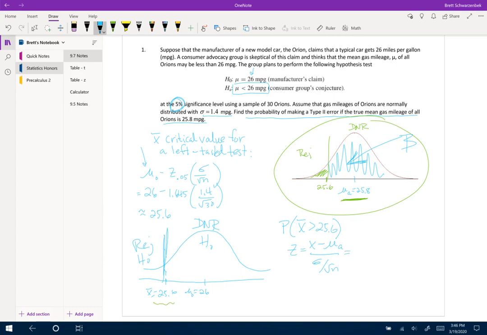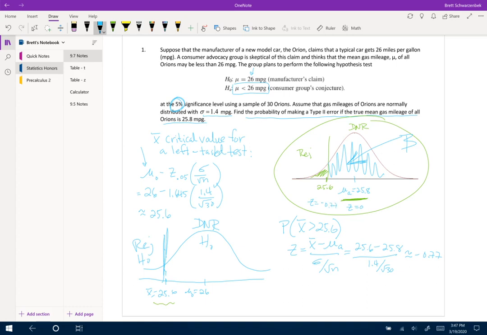So what are we going to do? We're going to do 25.6, which is our new x bar critical value. We're going to subtract our new alternative mean, essentially standardizing. And 1.4 divided by root 30 again will give us an approximate value of negative 0.77. So by standardizing, this z is 0, this z is negative 0.77.